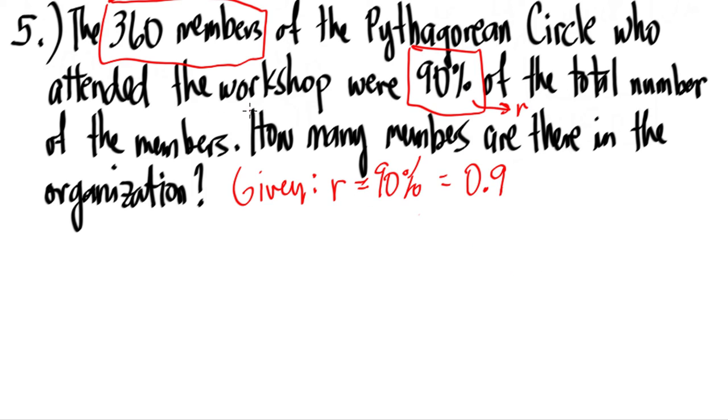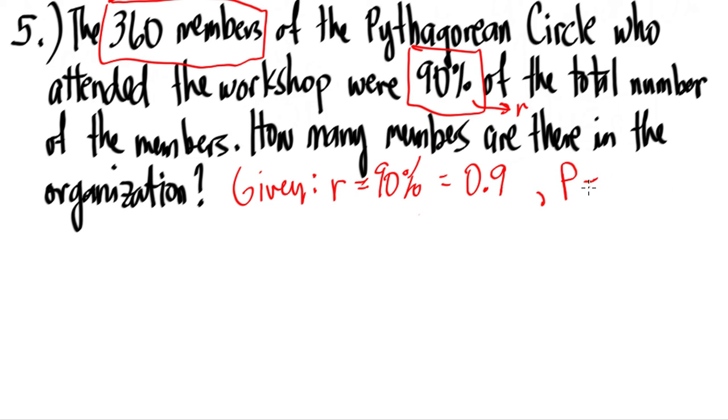So how about this 360 members? 360 members of the Pythagorean circle who attended the workshop were 90% of the total number of the members. So this is not the total number, this is just the 90% of all the members of this organization, named Pythagorean circle. Since it's not the total, we can say that it's only the percentage.